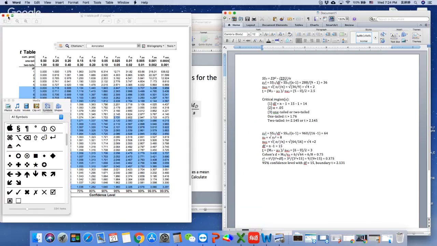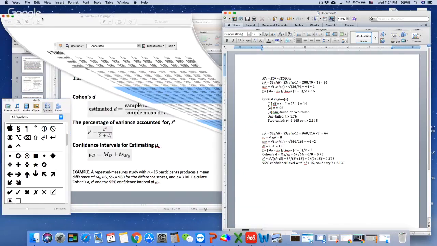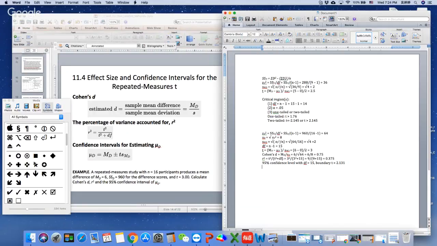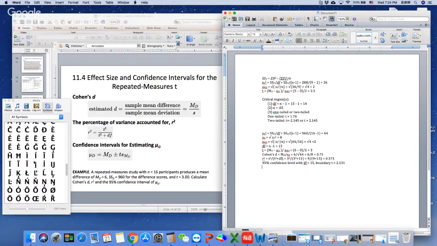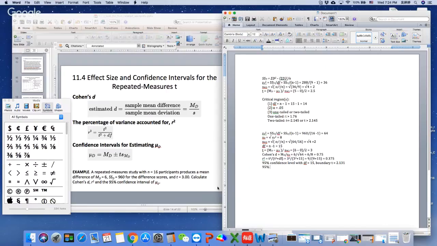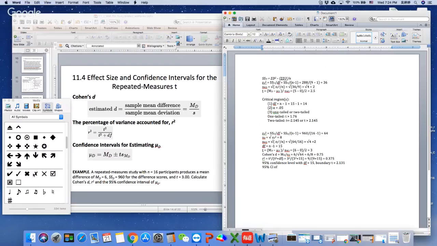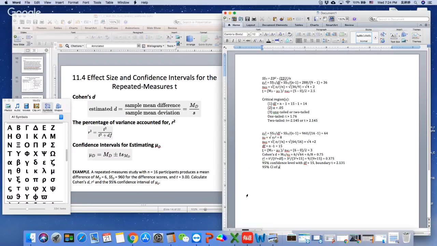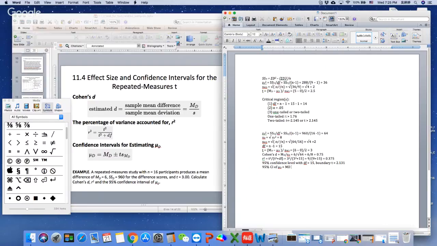So we know this t, and then we can use this formula, the 95% confidence interval, 95 CI in short. CI of mu D equals MD plus minus T times SMD.